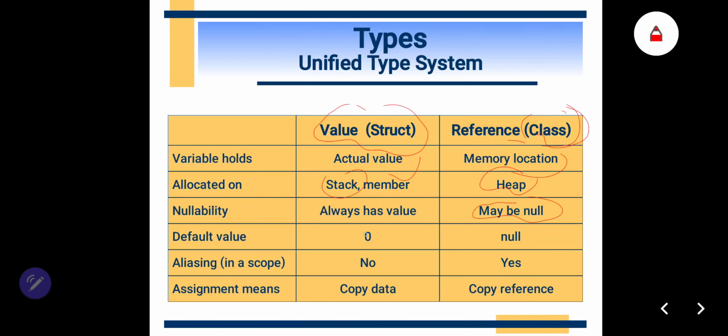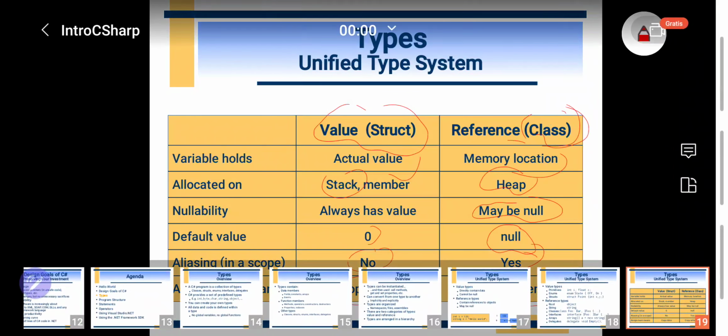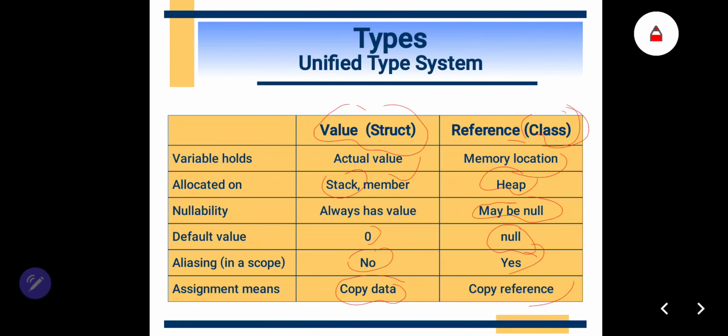Default value is 0 for struct and for class the default value is null. Aliasing in a scope: no for struct, yes for class. Assignment means copy data for struct, copy reference for class. When you use struct and when you use class depends on your needs.